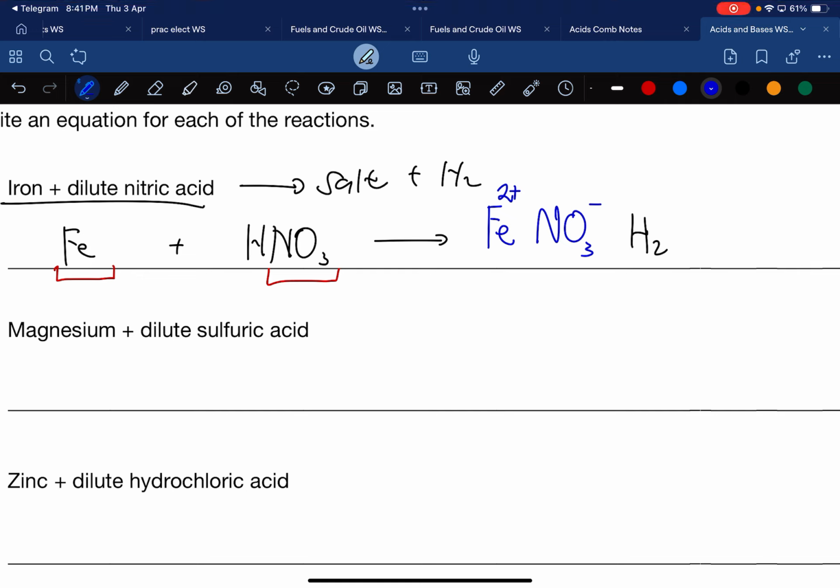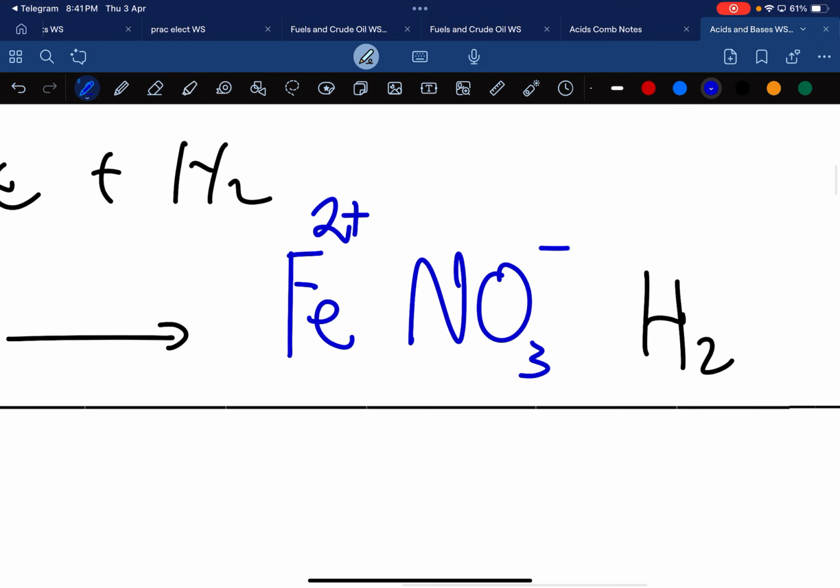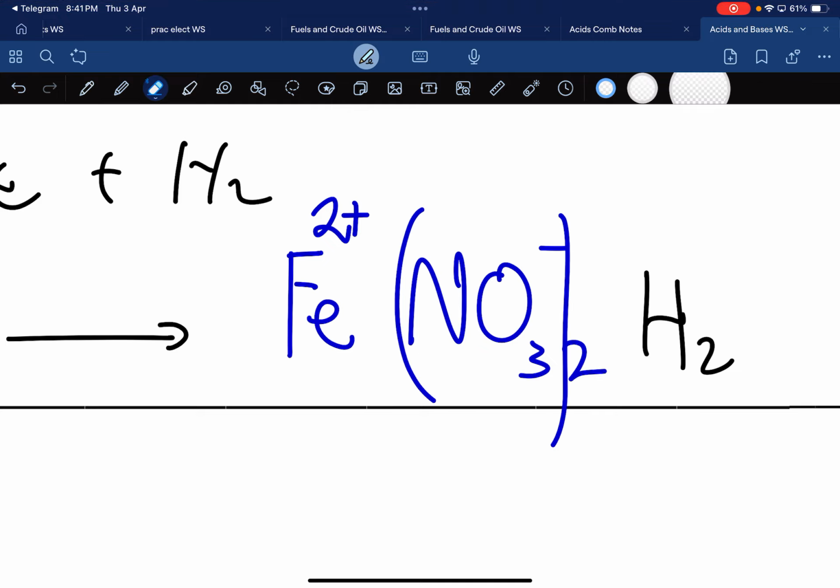No, I'm talking about this compound. You have plus 2, minus 1, balance, man. Then what do you need to do? NO3. So I write like that, can? Bracket. Okay. Fe(NO3)2 is iron nitrate.